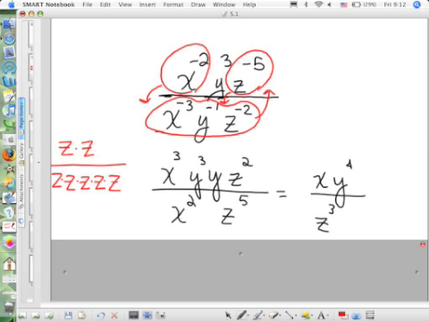Well, if I cancel 1 z with 1 z, are there any left in the numerator? No, they're all left in the denominator. Does that clarify your question? Really? Yeah, a little. Okay.